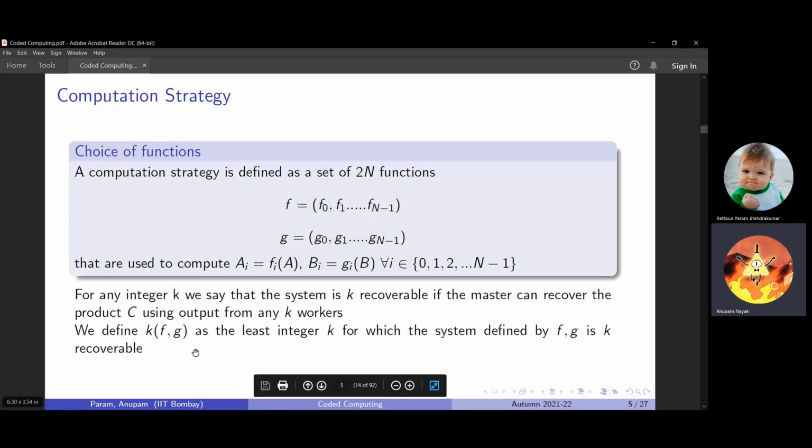We define k of f, g as the least integer k for which a system with fixed f and g is k-recoverable.